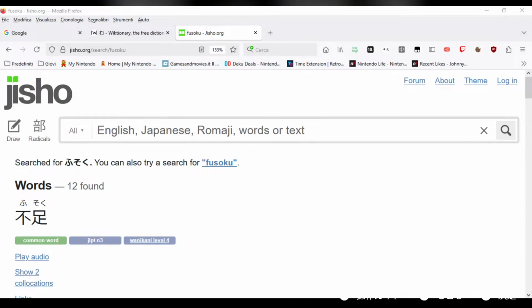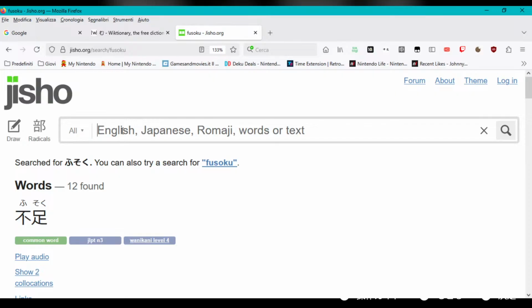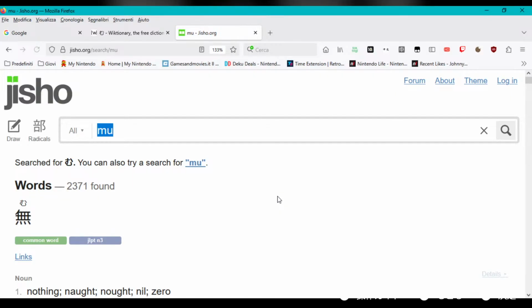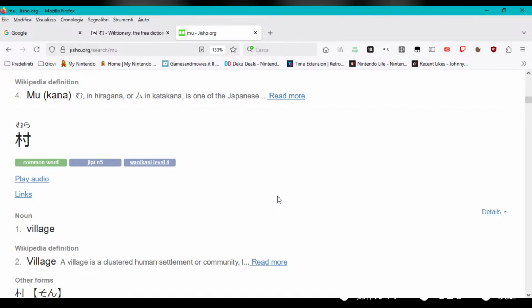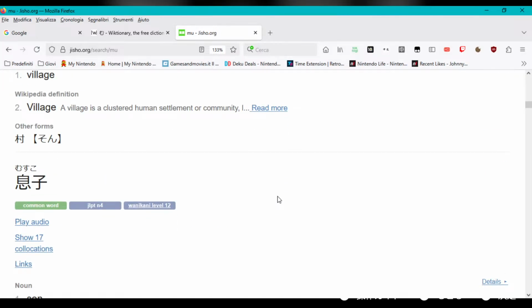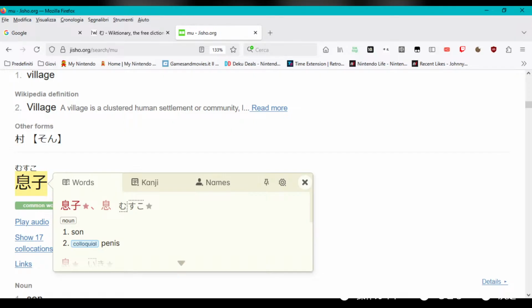Okay. Let's see if we can find some other words with mu. Not these ones. Yeah, this one, for example. No, don't mind the colloquial meaning.